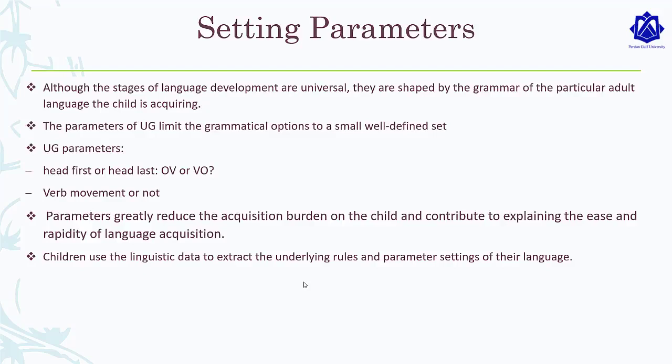For example, when they want to learn the language, there is a parameter about the subject, whether the subject can be dropped or not. In Italian, Spanish, Persian, the parameter says drop the subject, yes to subject dropping. But in English, it says no to subject dropping.